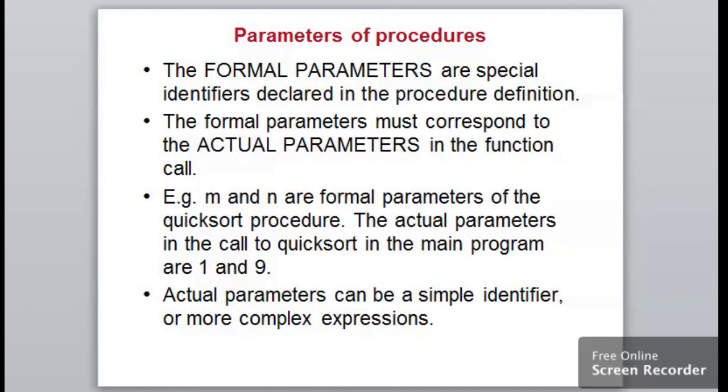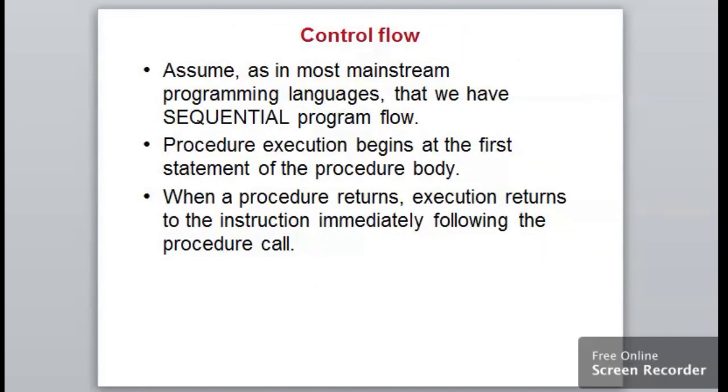Some of the basic terms that we have gone through here: what represents a control flow. Obviously it's a sequential program flow. If a procedure is executing, it executes from the first statement of the procedure body in the same way, and in between, if some other procedures are called, the control will flow to those procedures, and after the called procedure completes its execution, the control is returned back to the calling procedure itself.